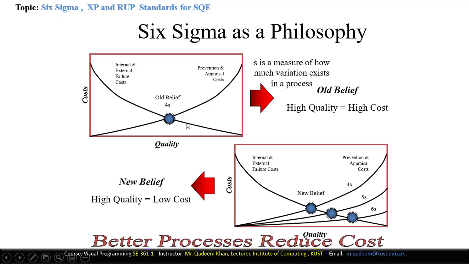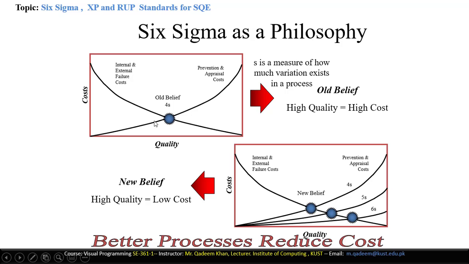Now, this is the old belief. The old belief means that, for example, we utilize internal and external high cost for improvement of the quality. For example, we say that we will use high cost to fix different sorts of errors and defects, and then we can achieve the best quality.